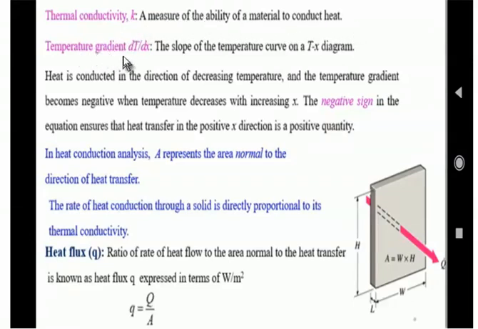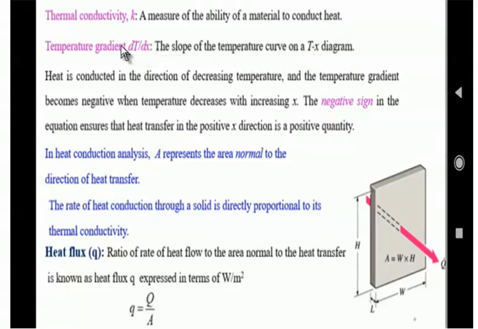Next, temperature gradient dT by dx. This entire term dT by dx is called the temperature gradient, the rate of change of temperature. It is the slope of the temperature curve on the T-x diagram.